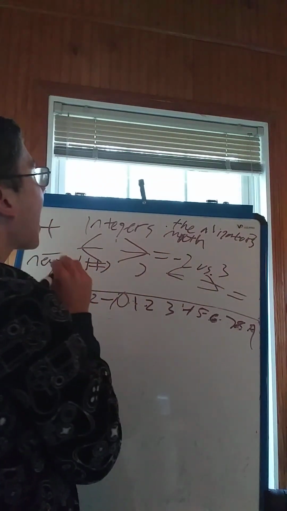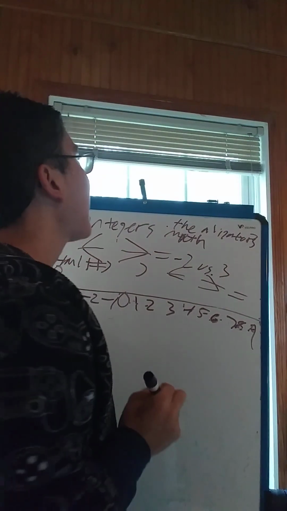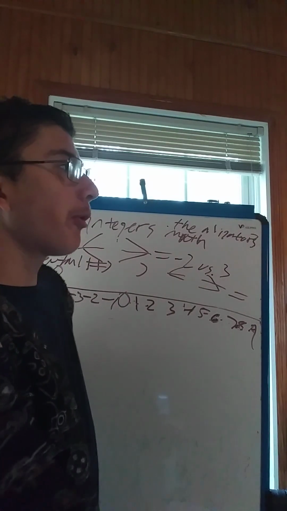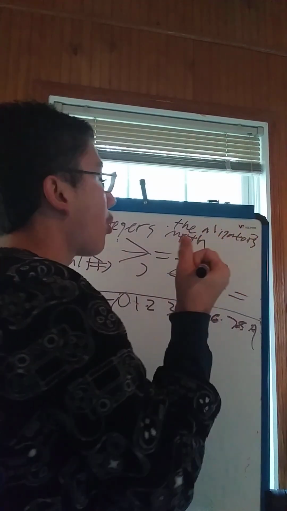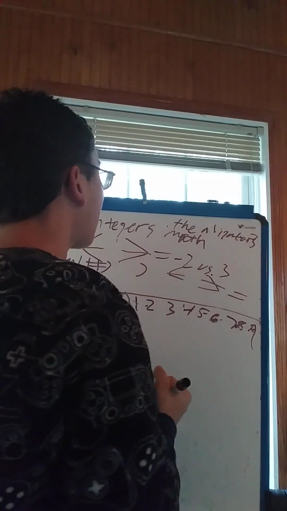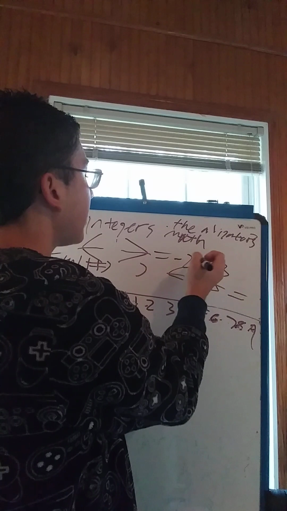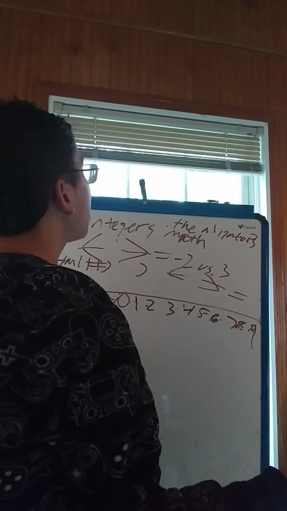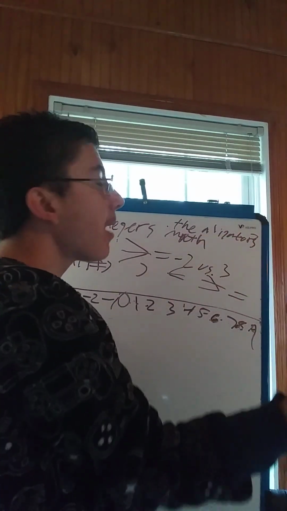Well, the alligator is a hungry creature. And because it's so hungry, it wants more food than less. It wants the number with more meat, the number with greater value. It can't go over here or over there. It has to go either here or here. So whatever the greater number is, whatever side it's on depends upon the mouth that you're going to use.